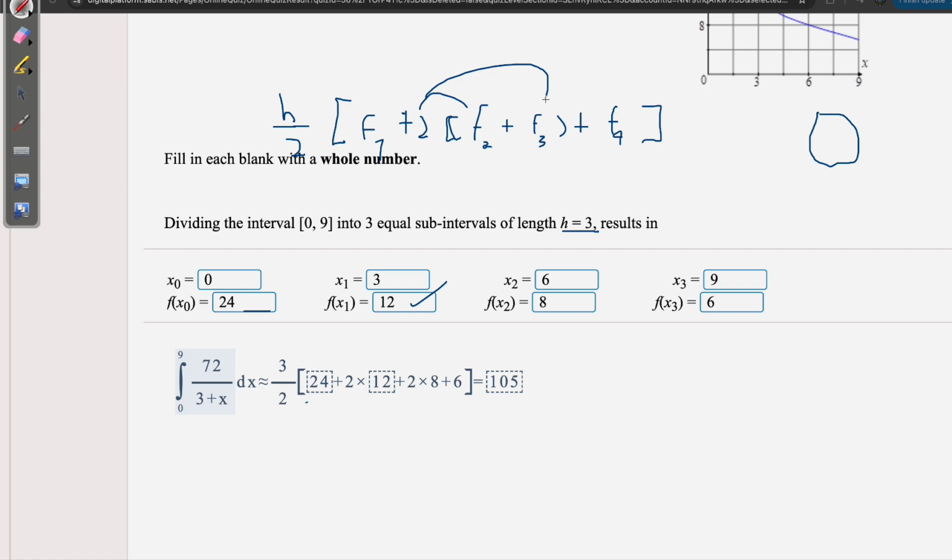And then plus 2 times 12, and then the rest is already filled in. And then for the answer, you just plug this into the calculator and you get 105.